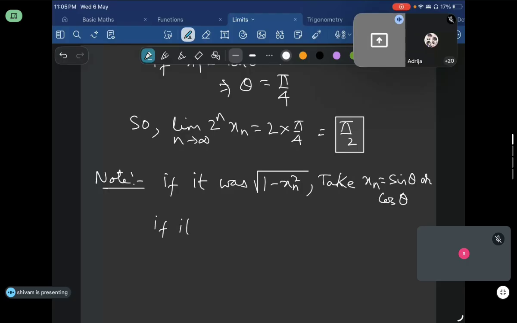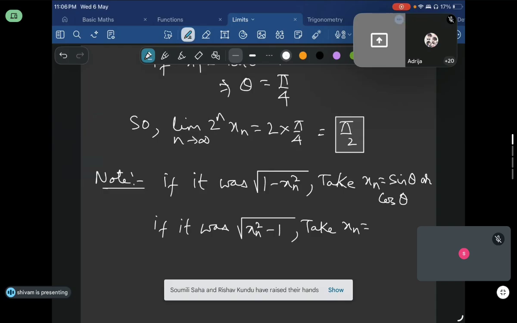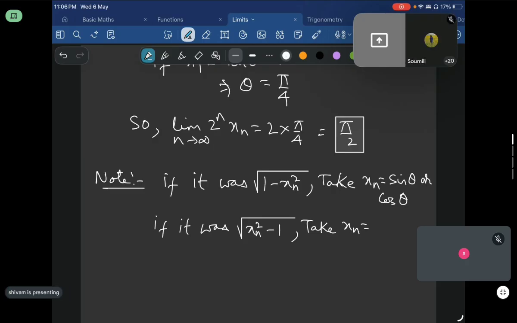And if it was root over xn square minus 1, then what should we have taken? Xn is equal to... yes, Shamili, tell me. Sec theta or cosec theta, right, Shamili? Sec theta or cosec theta.